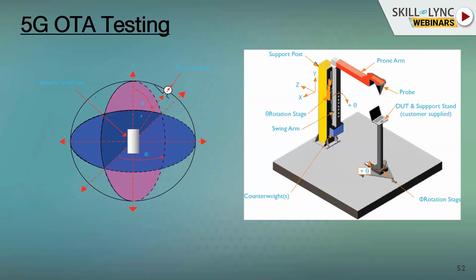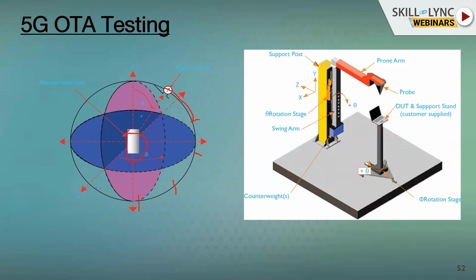Here we have an over-the-air measurement method, which means you are keeping your antenna at the origin of the sphere. You are not having a movable antenna; you have multiple antennas at the radius of the sphere, right?